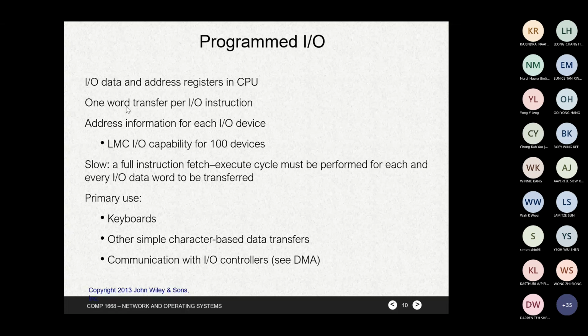So I would like to explain what it means by one word transfer per IO instruction. Meaning, when you need to pick up one instruction, one command from memory, for example. Because remember, we fetch our instruction from memory in order to execute in the CPU.